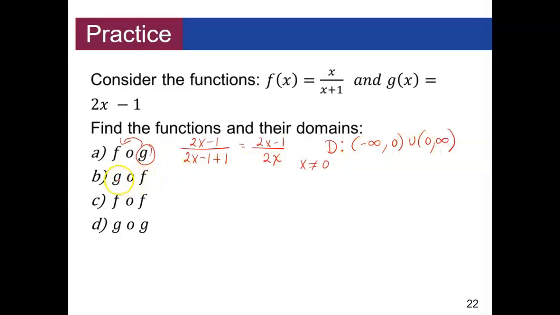Okay, here if I'm going to do g of f, I'm going to put the f into the g. So I'm going to have 2 times x over x plus 1 and then minus 1. So that'll be 2x over x plus 1 minus 1. And again, I'm not too concerned in this section about simplification.